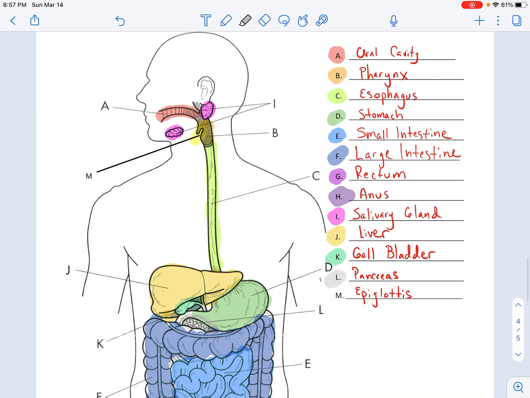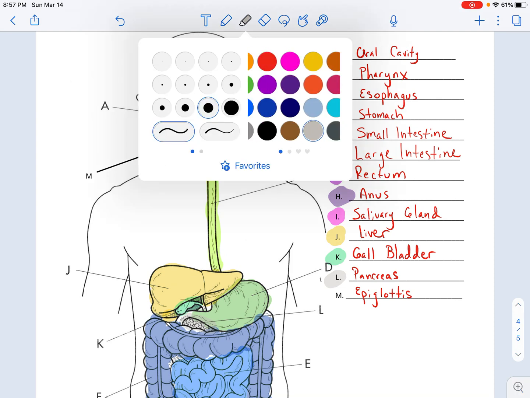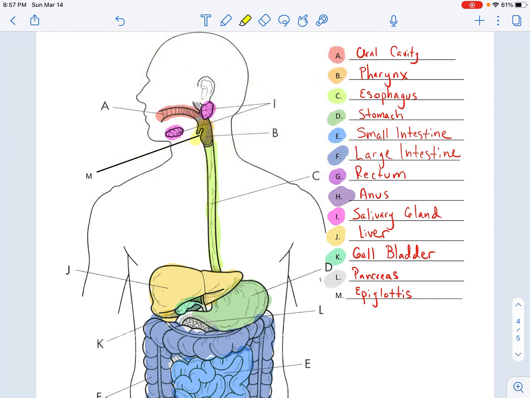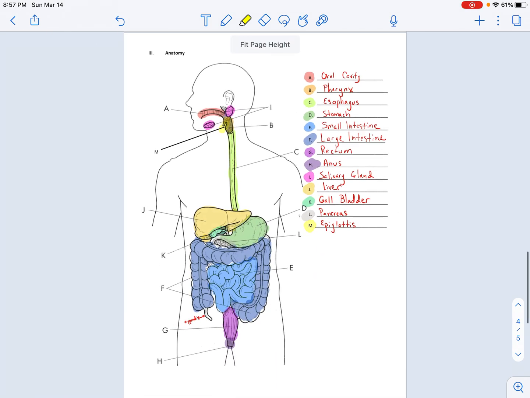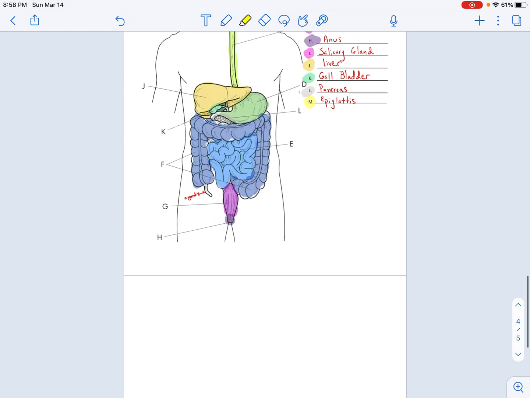And that epiglottis I forgot to highlight was, I believe, yellow. And that's it. So there are all of the organs and structures in the digestive tract. And that is the last page of your notes.